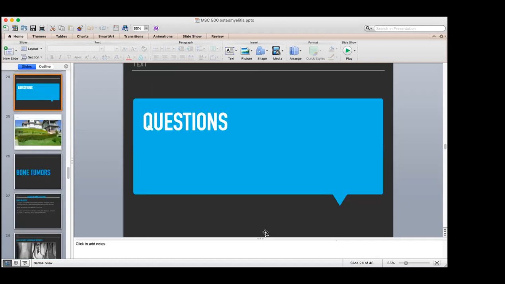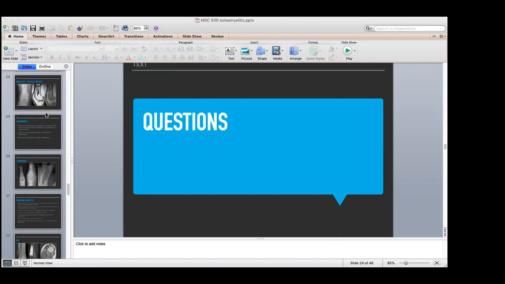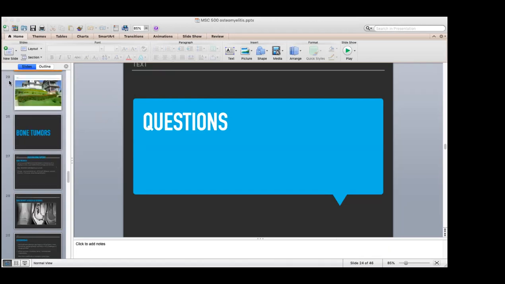Any questions this far? Okay, I can see someone was asking, was sequestrum the black or the white region? So sequestrum is the white region. It's the dead bone. So I'll go back there. Oh, sorry, I'm going up.